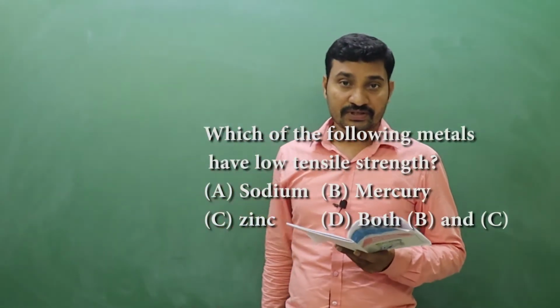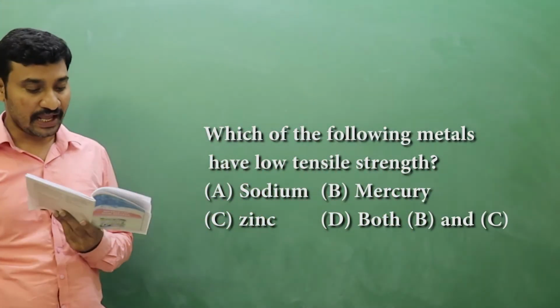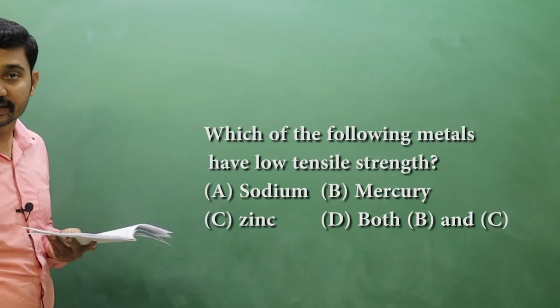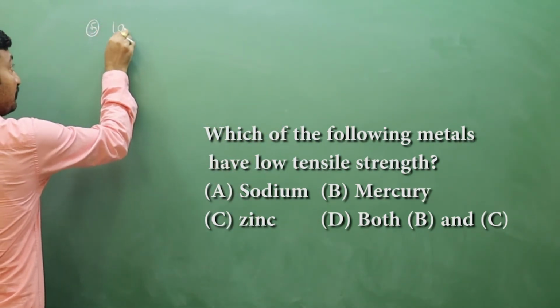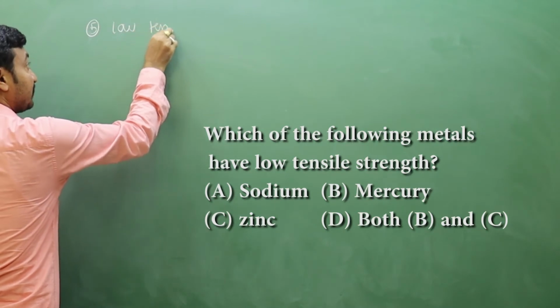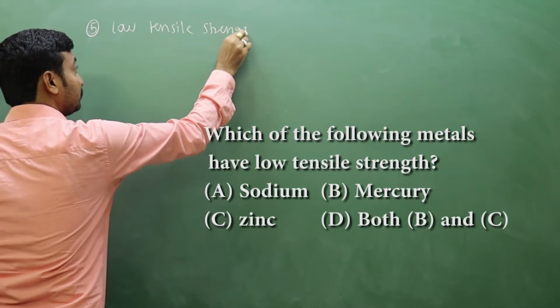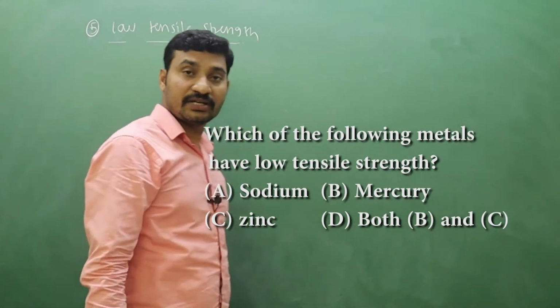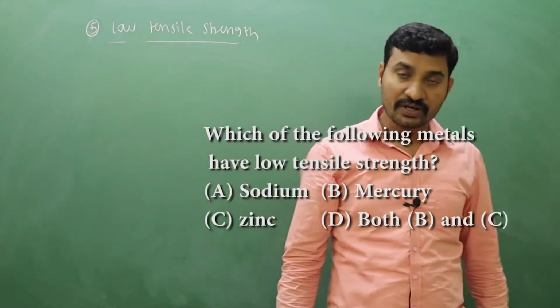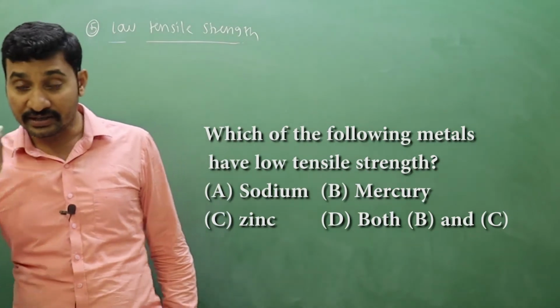Okay, these are some examples. Now see question number 5. Which of the following metals have low tensile strength? First of all, let us discuss what tensile strength is. Tensile strength is nothing but the resistance of a material to breaking under tension.